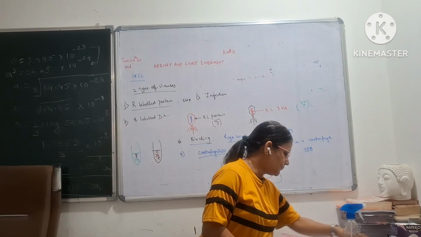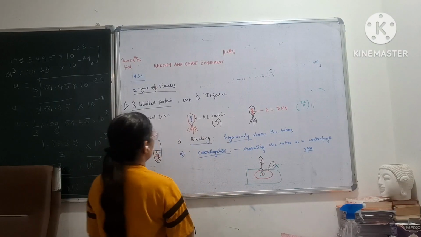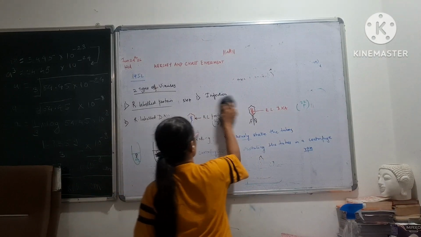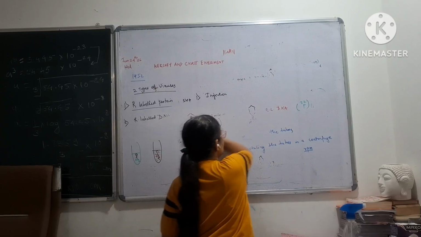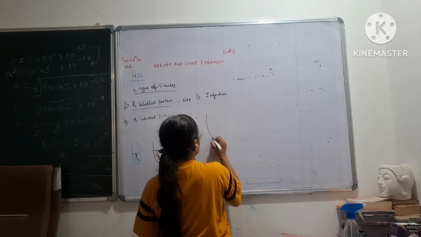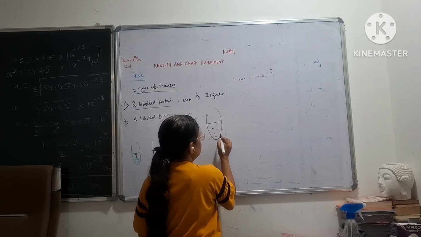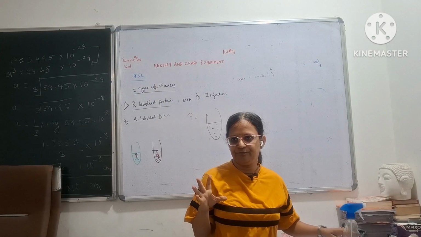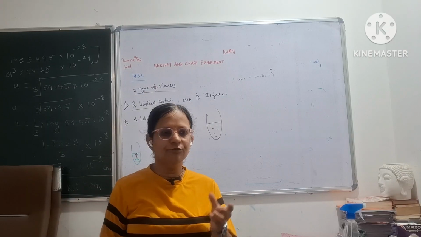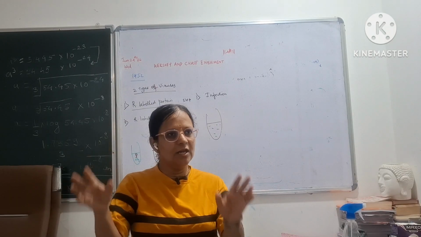After centrifugation, you get two things: one is precipitate and the other is supernatant. Suppose I have a test tube with some muddy water, and I centrifuge it at high speed and allow it to settle.